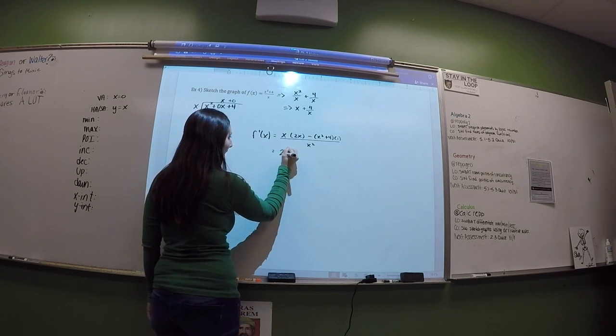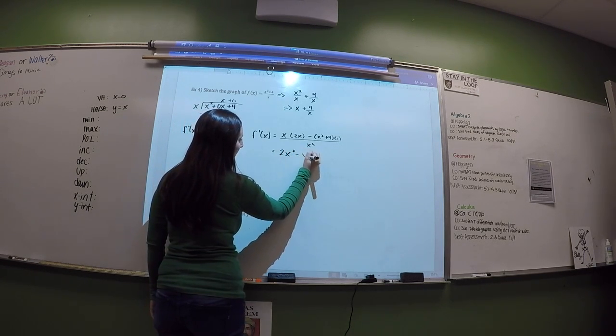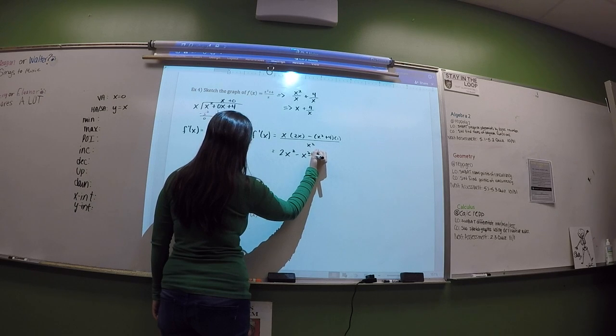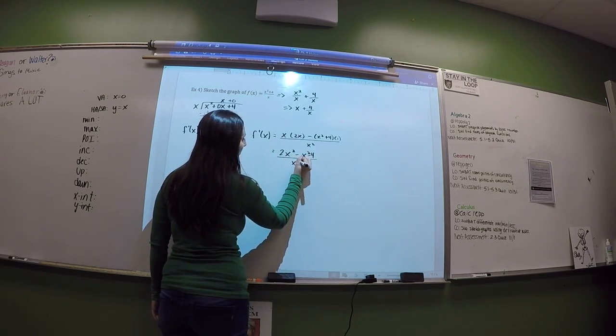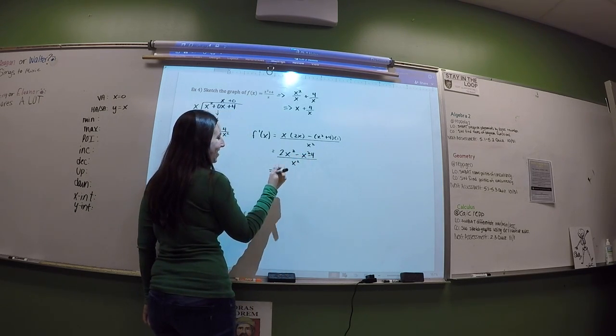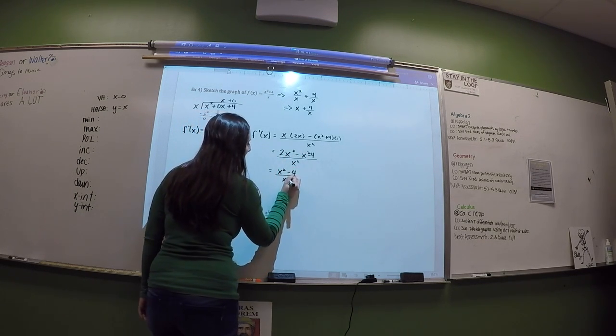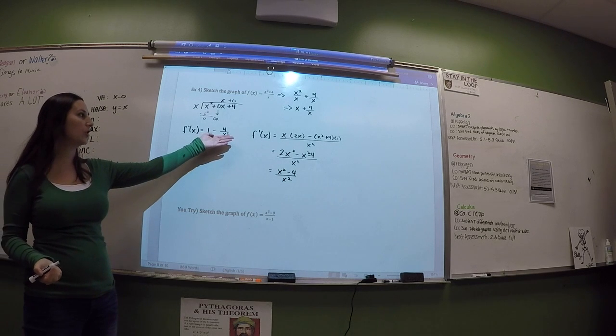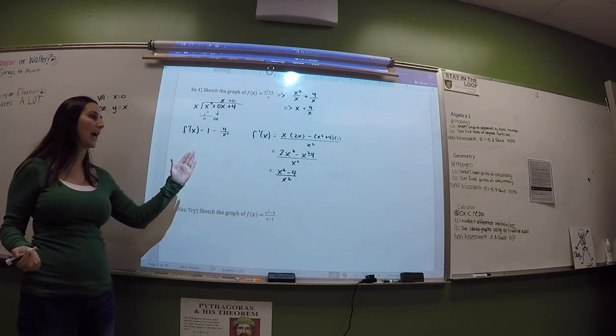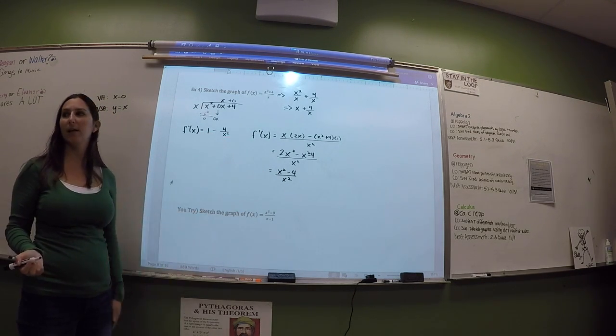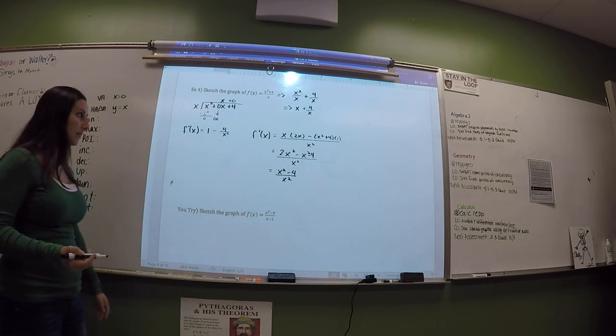Simplifying, you should get 2x squared minus x squared minus 4, and then 2x squared minus x squared is just x squared. Then you could split this one up into two fractions, and that's how we would get here. Or you could just leave it.